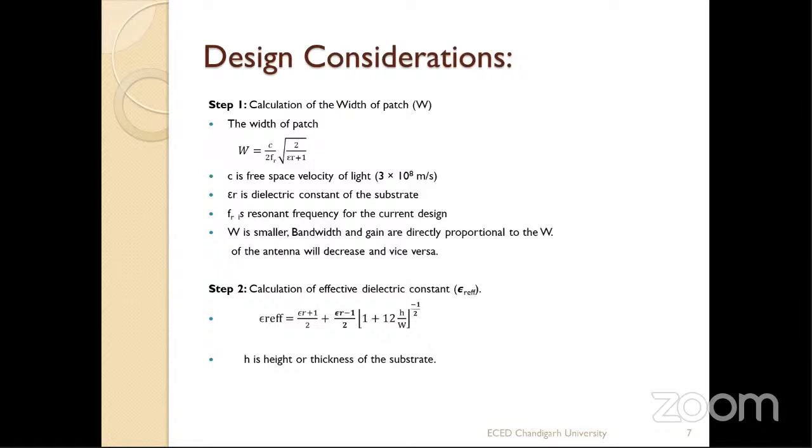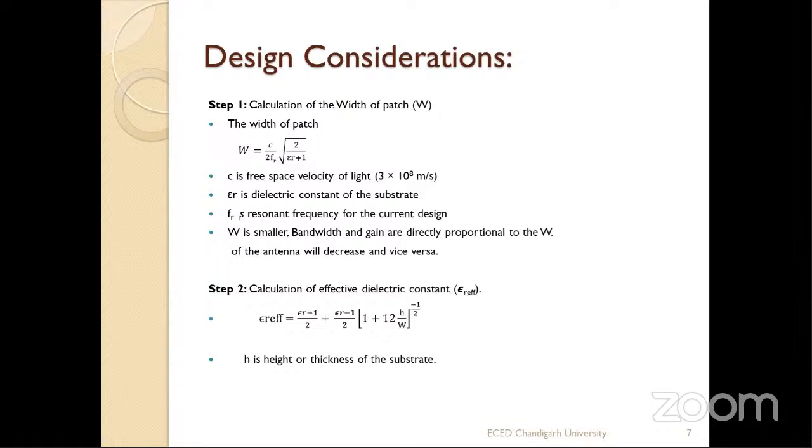If the width of the patch is smaller, then bandwidth and gain, which are directly proportional to the width of the antenna, will also decrease. At high frequencies we have to take care of the bandwidth so that it doesn't go to very high values.